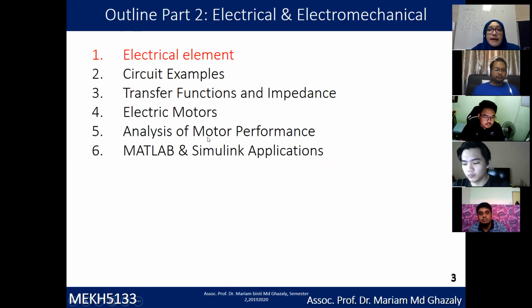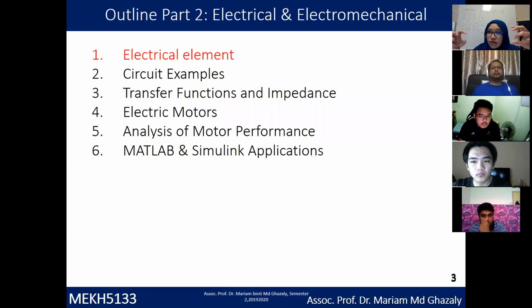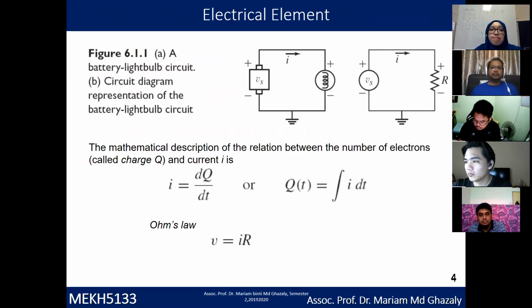Then we go to the electrical motor, where we combine the electrical part with yesterday's mechanical part. Next is the analysis of motor performance, and lastly the MATLAB and Simulink application. So first of all is the electrical element.